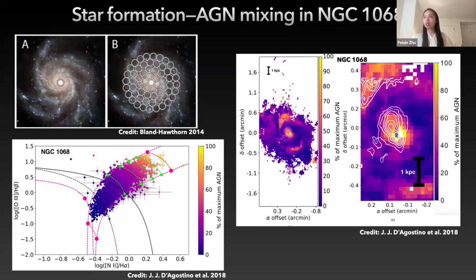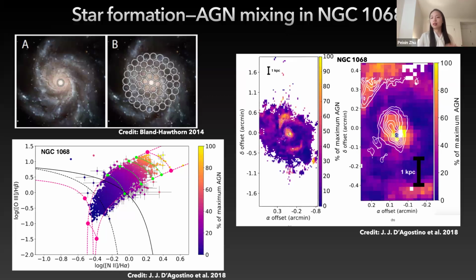But now, as you can see, when we have the spectra spread all over this galaxy, you can see all this data form a sequence extending from the H II regions, which represent the star-forming regions, toward the Seyfert regions. This is a sign that in this galaxy there is mixing happening.